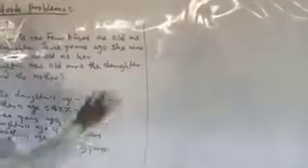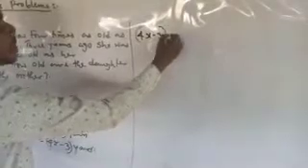That means the mother's age 3 years ago was 4x minus 3 in brackets. It will be equal to 5 times the daughter's age. That is 5 in brackets of x minus 3.